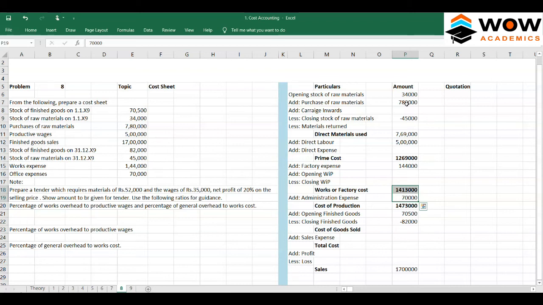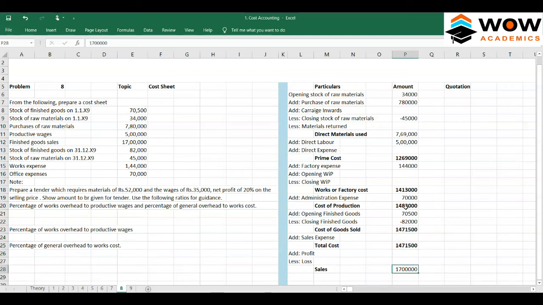Sorry, 14,83,000. Or cost of goods sold comes to 14 lakh 71,500. Our sales expense is not given. There's no sales expense, so that becomes our total cost. And we have profit. Okay, profit we don't need to compute, so we don't require that.